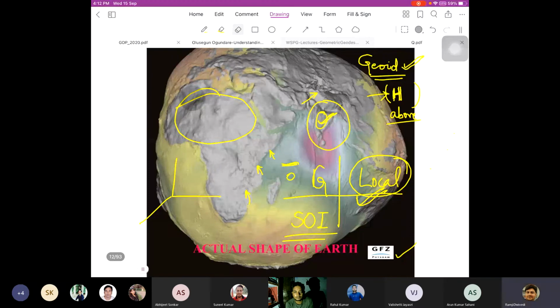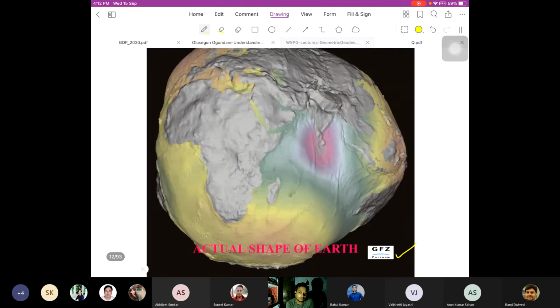Our objective is simple, that we need to understand the coordinate system. This is our one objective.